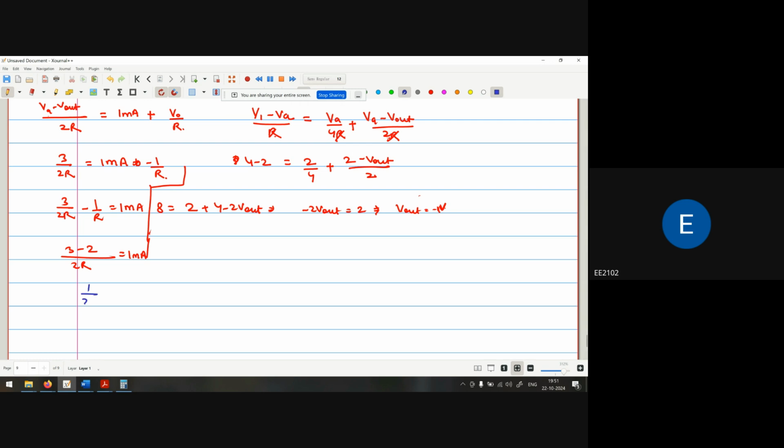So 1 upon 2R equals 1 milliamp, so R is equal to 500. It is not correct.